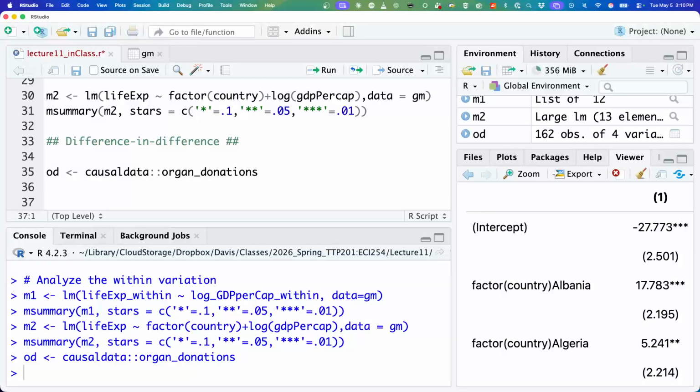Typically speaking, with opt-in programs, the baseline tends to be the highest for the default category, right? And so that means in most places in the country, if you choose not to opt in, your default is you are not an organ donor.